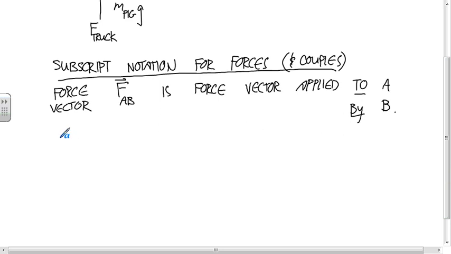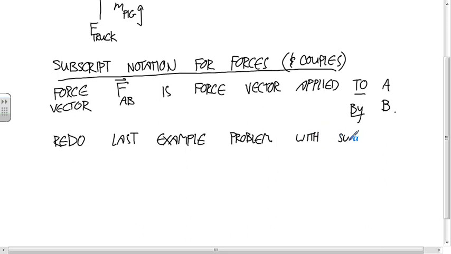Okay, so let's do an example. And actually, before I do this new example, let's redo that last example problem with this subscript notation.